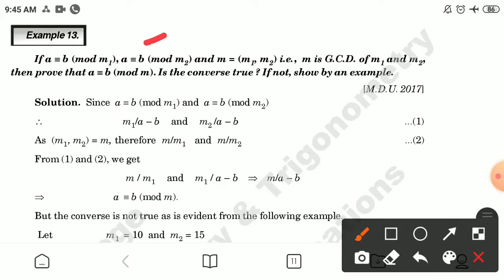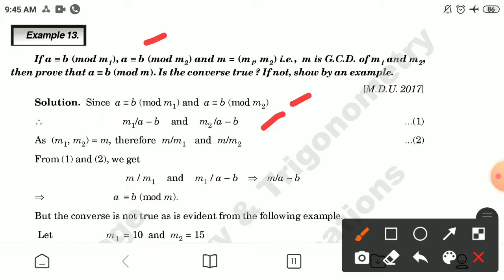Now example number 13. If A is congruent to B mod M1, A is congruent to B mod M2 and M is the greatest common divisor of M1 and M2, then prove that A is congruent to B mod M. Is the converse true? If not, show by an example. For the solution, A is congruent to B mod M1 and A is congruent to B mod M2, therefore M1 divides A minus B, M2 divides A minus B, marking this as number 1.